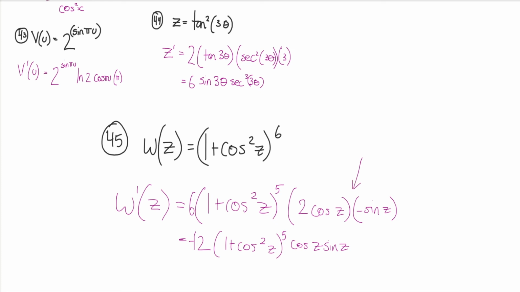Or we could also even just turn all of that into negative 6 sine 2Z. Right? Because of that identity. Whatever you wanted to do. Okay?